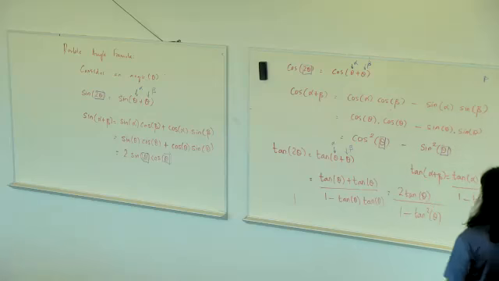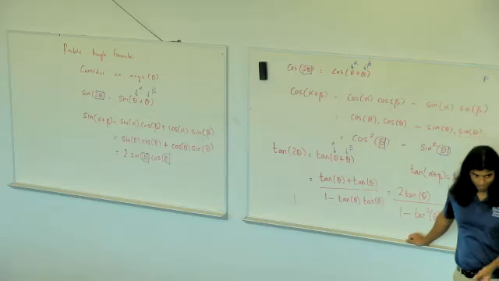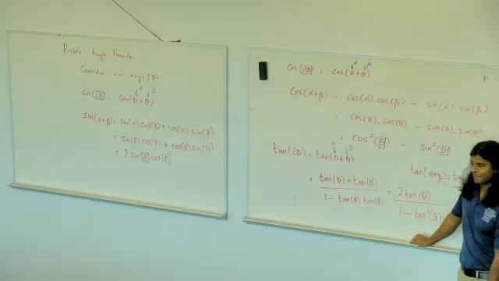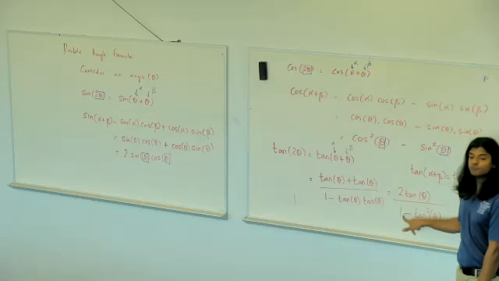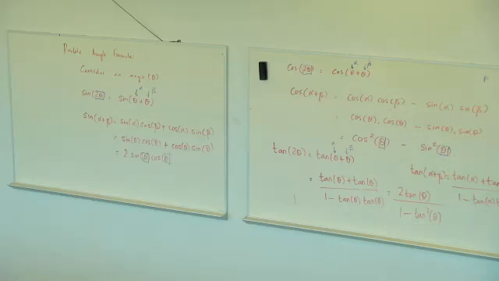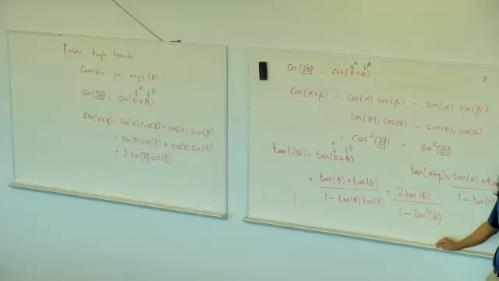And naturally, you would replace this by secant squared theta. That is also incorrect. Why? Because here I have 1 minus tangent squared theta. That's not equal to secant squared theta. 1 plus tangent squared theta is secant squared theta. Good.